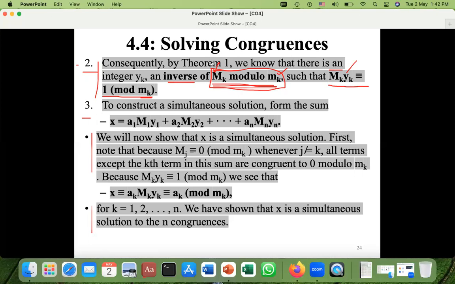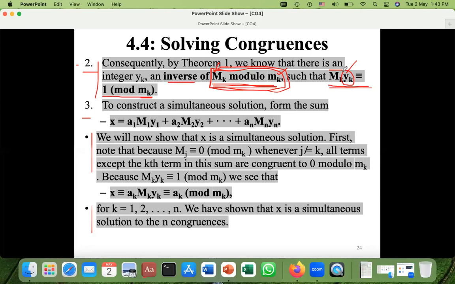the things you are given into this form: Mk yk congruent to 1 modulo mk, and the yk that you will have here would be the inverse.